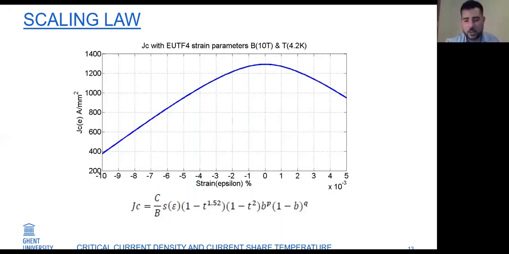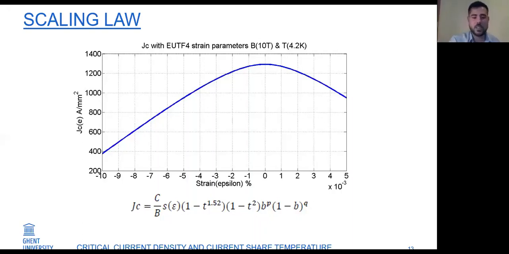P and Q are constants, that is for sure. This equation varies when you reach a certain temperature, and this is what produced that high rise of the electric field. So it's because of this limit.